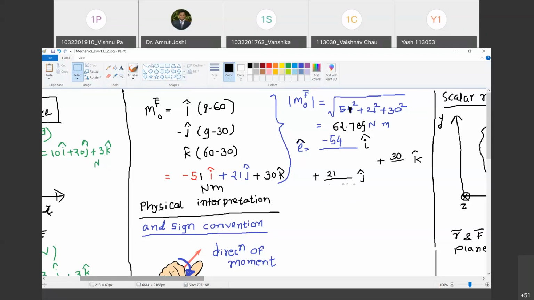So therefore, minus 51 divided by 62.785 i cap, then plus 30 divided by 62.785 k cap, and 21 upon 62.785 j cap is going to be the description of unit vector along the direction of moment of F bar about O. Do you agree with me? Yes, sir.